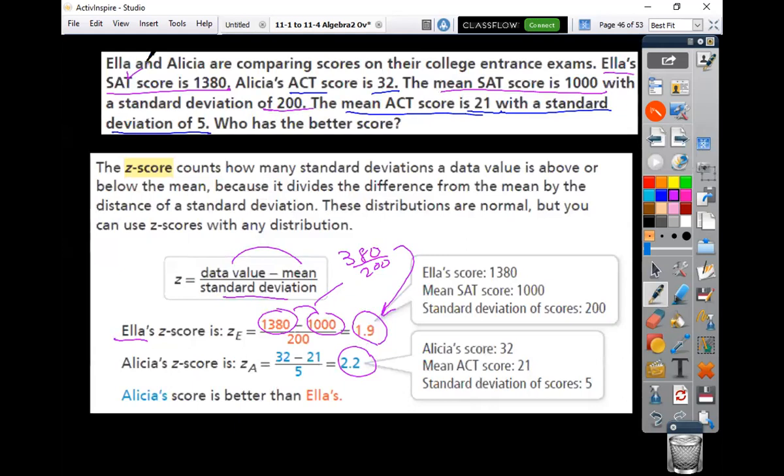Then Alicia scored a 32, and the mean is 21. 32 minus 21 is 11, but with a standard deviation of 5, that gives her 2.2 standard deviations above the mean. The 1.9 and 2.2 are the Z-scores. So that would mean that Alicia did better, comparatively speaking, than Ella.